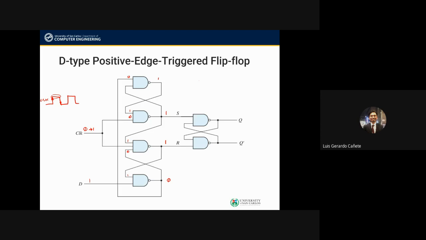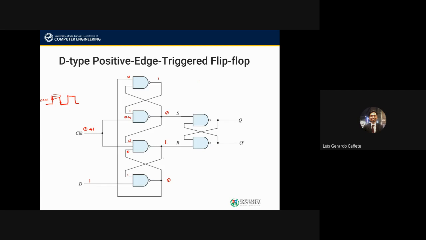With this 0 to 1, this becomes 1. So this was initially 0. Now this has become 1. So 1, 1, this becomes a 0. This becomes a 0.